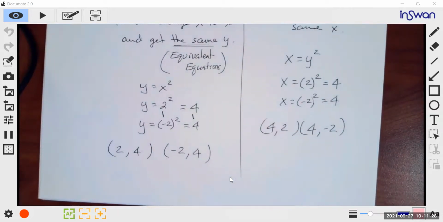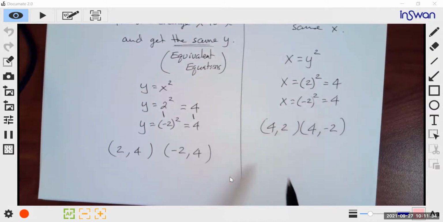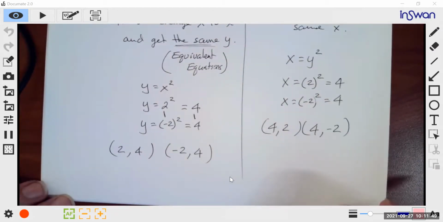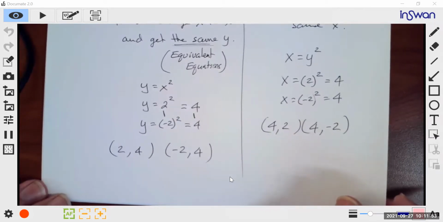And if the x values are the same and the y values are different signs, then it's symmetric about the x-axis. Make sense? We're going to work on some examples. There's another symmetry.